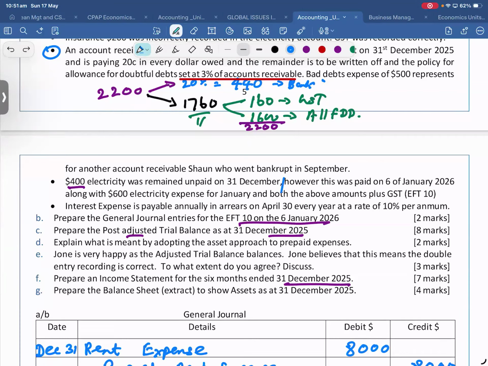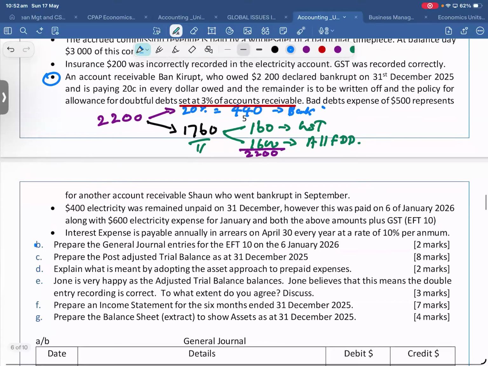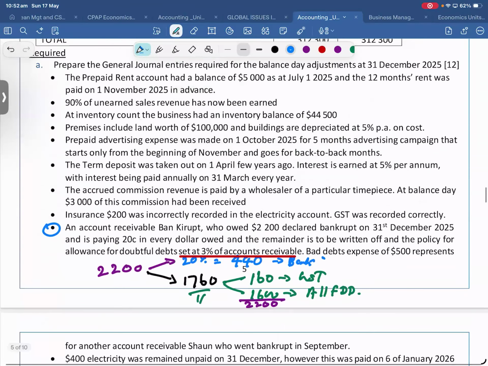Right. Interest expense is paid annually in arrears, right? Interest. So do we have a loan? Yes.